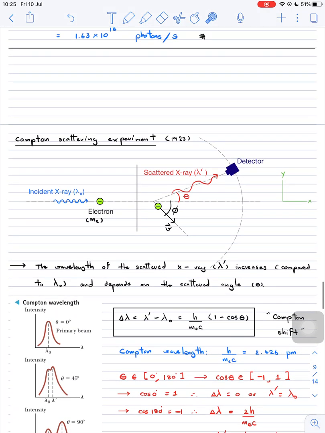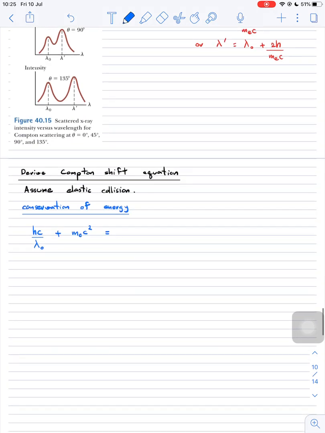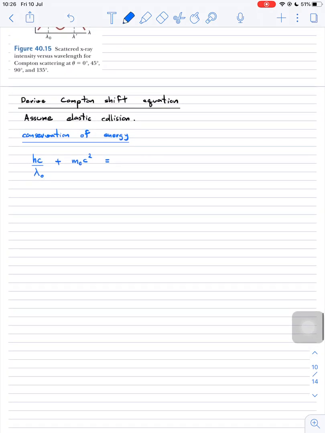Now after collision, it's going to be the energy of the scattered X-ray with wavelength lambda prime, and then the total energy of this electron. Let's talk about the energy of this one first. We have hc over lambda prime.